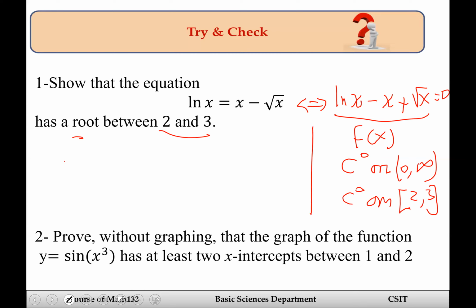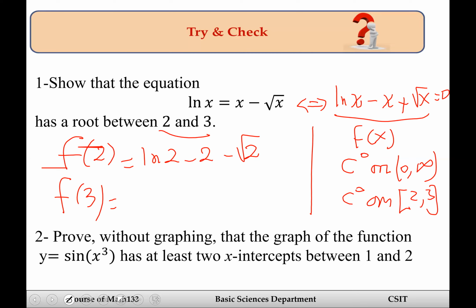The other step is to compute f of 2 and f of 3. So f of 2 is equal to ln 2 minus 2 plus root 2.